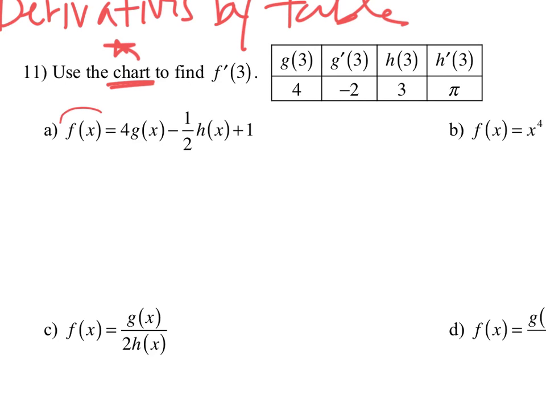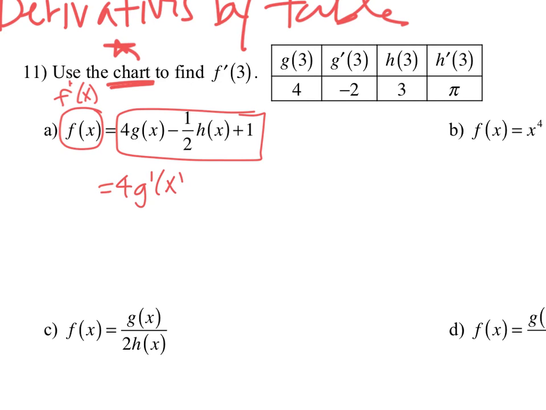Well, in order to find f prime of x, I have to tap into all of my differentiation techniques. I see here that 4 is multiplying g of x, so the derivative is 4 times g prime of x. Basically, the derivative of g multiplied by the constant 4. Same thing here, minus 1/2 h prime of x.